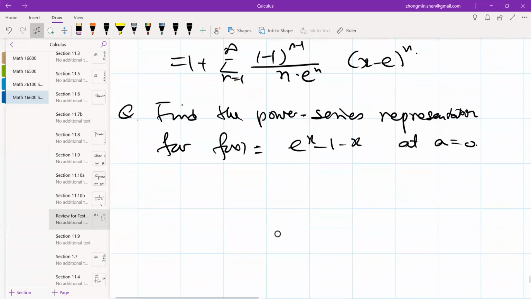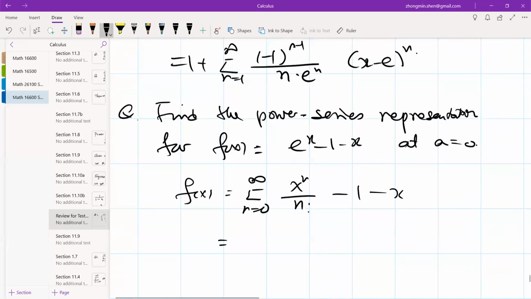All right, so this is just a little bit, I think it's a trivial problem, because you know e to the x is the sum starting from 0 of x to the n over n factorial, minus 1 minus x, right? So if you write down the first two terms, you get 1 plus x, and plus the sum from n equals 2 of x to the n over n factorial, minus 1 minus x, so that is cancelled out.